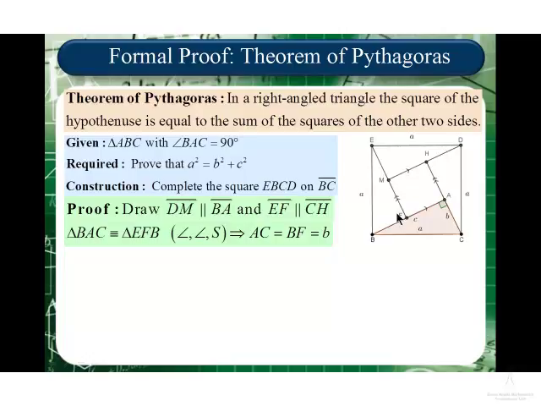Corresponding angles gives us then that the angles agree, that is EFB and in this case also BAC. So we have a pair of corresponding equal angles, and we have a pair of corresponding equal sides.